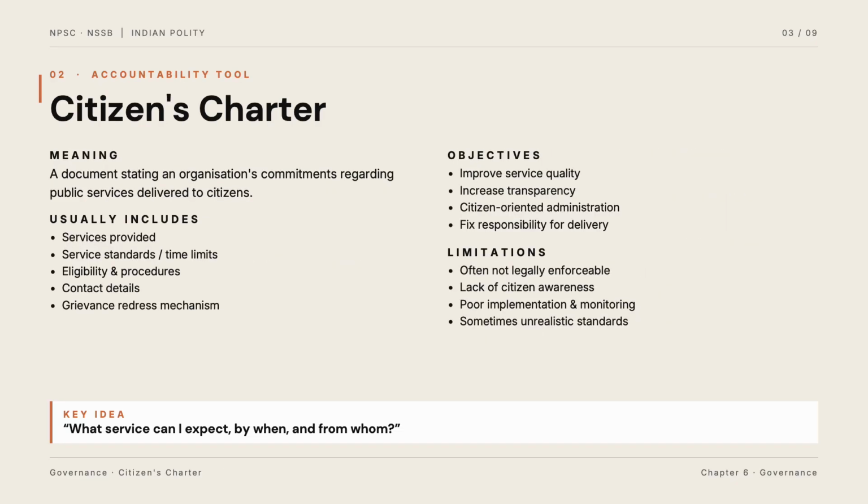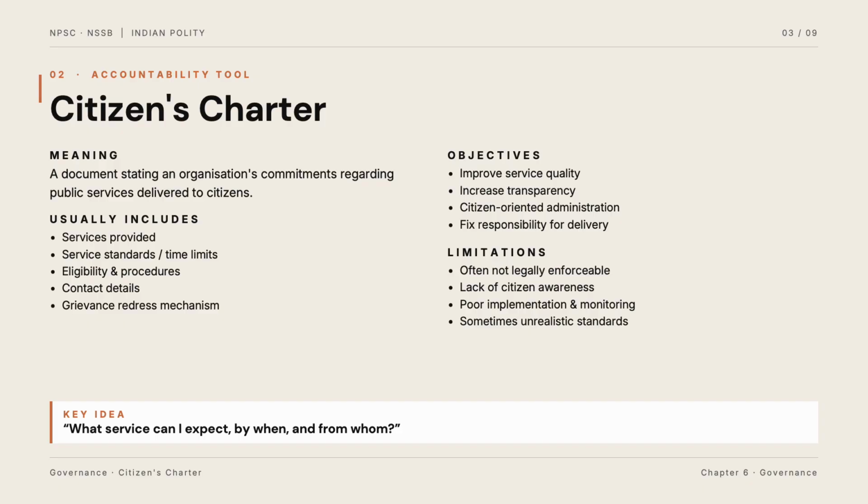And the Citizens Charter, this needs an explanation. A document stating an organization's commitment regarding public services delivered to citizens. So it is a document. If you go to any government website, just try visiting a government website after your class session, and you will see a section called Citizens Charter. Every department in Nagaland is required to provide a citizens charter that shows its commitment regarding public services delivered to citizens.